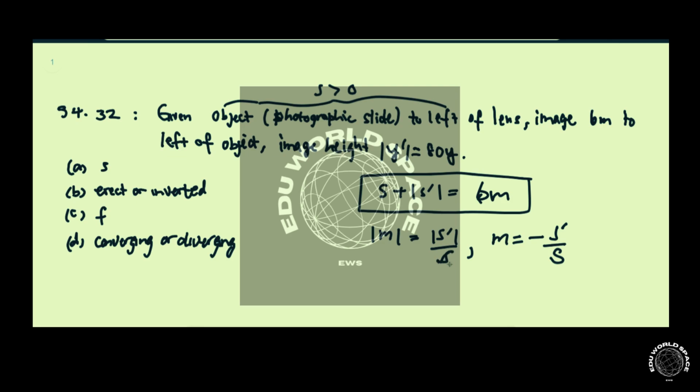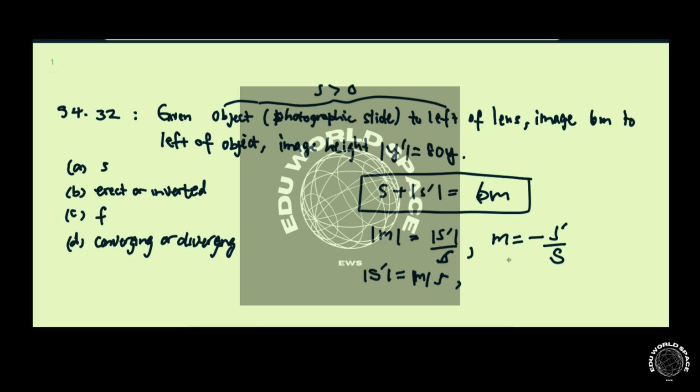And here I can solve for S prime in terms of S. So then I have S prime is equal to M times S.